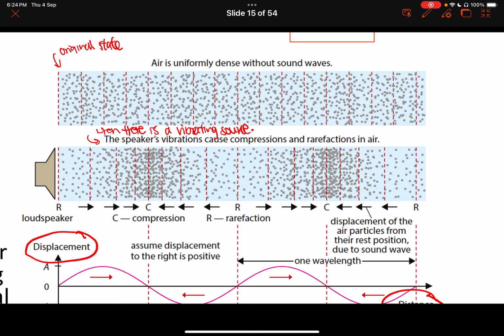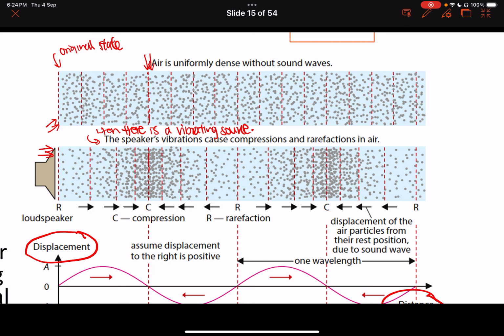So for example, if you look at this column here, compare it to when there's a vibrating source, it has remained roughly the same position. And then when we look at the middle part over here, this is the original position.